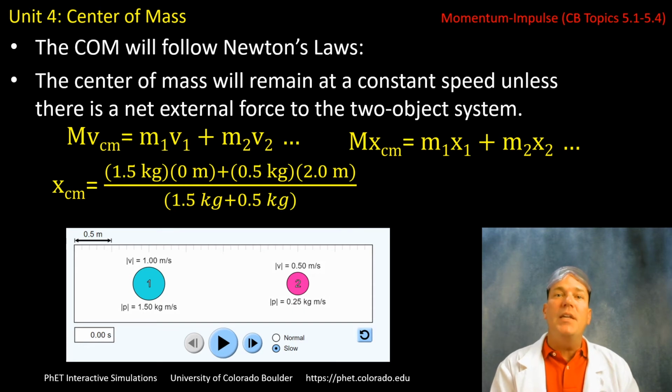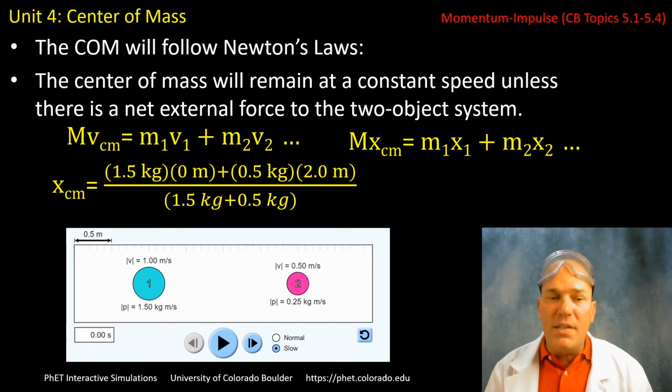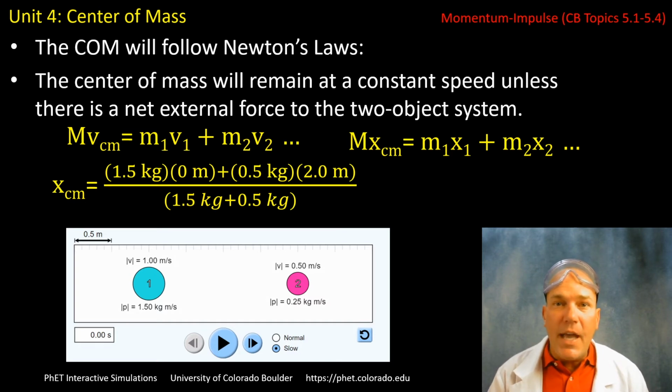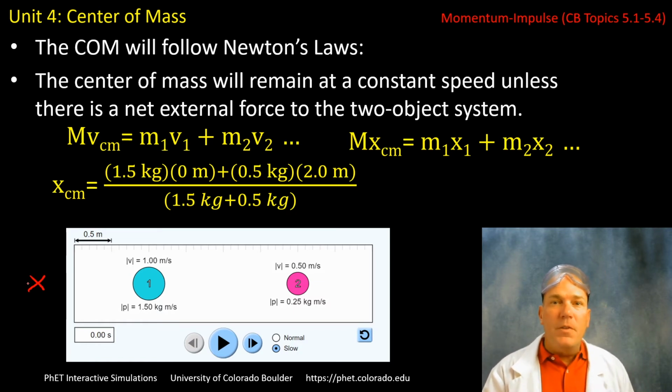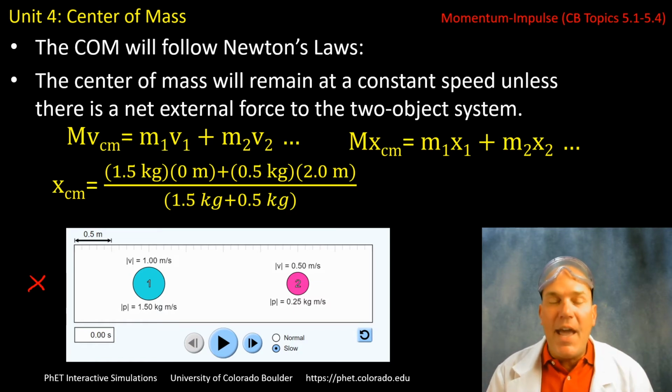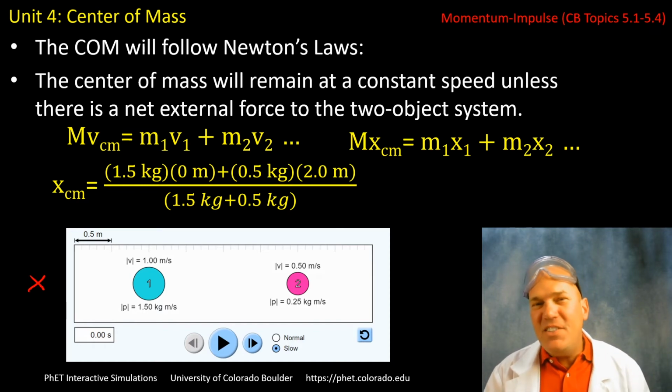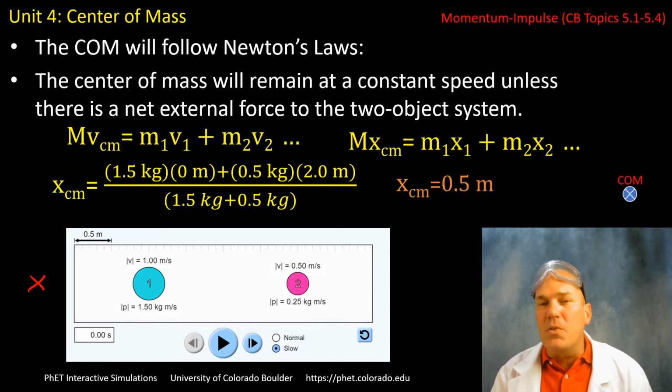So everything is with reference or relative to my chosen position. It's completely arbitrary, guys. I could have chosen to start way over here, and that is my reference point. You will get the exact same answer. This is just a more efficient approach.